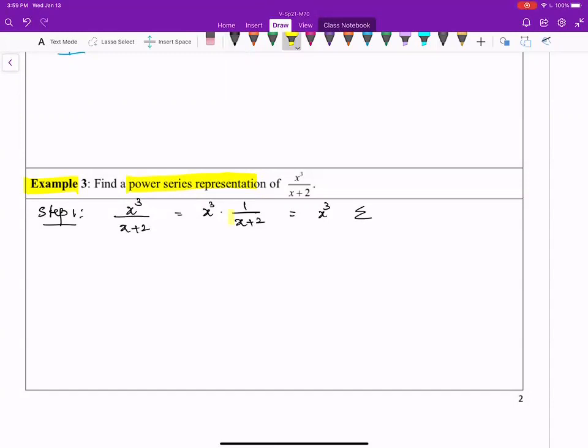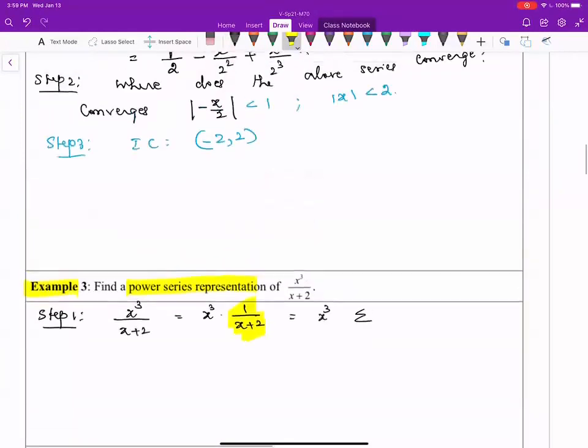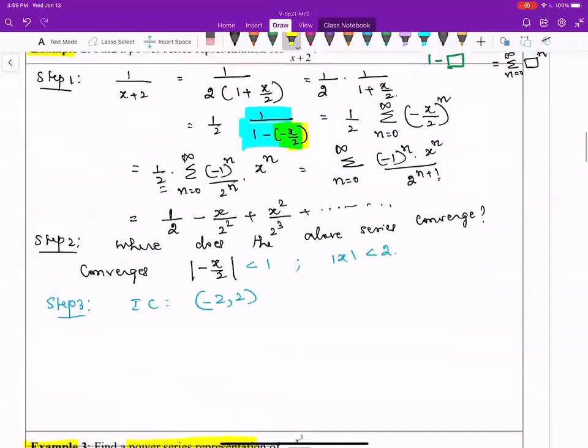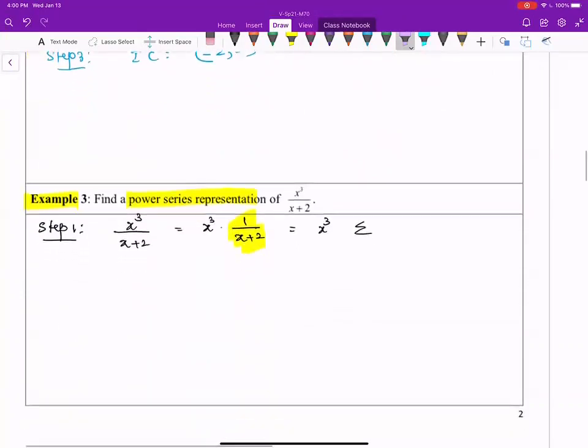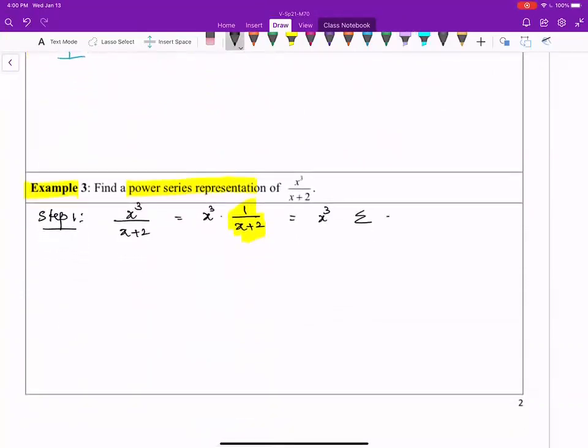I'm writing the sigma representation for this geometric series, which we got for 1 over x plus 2: negative 1 to the power n, x to the power n over 2 to the power n plus 1. That is the representation of 1 over x plus 2. We are going to substitute that over here. So it is equal to sigma negative 1 to the power n x to the power n over 2 to the power n plus 1, n varying from 0 through infinity. So this part is from the previous problem.